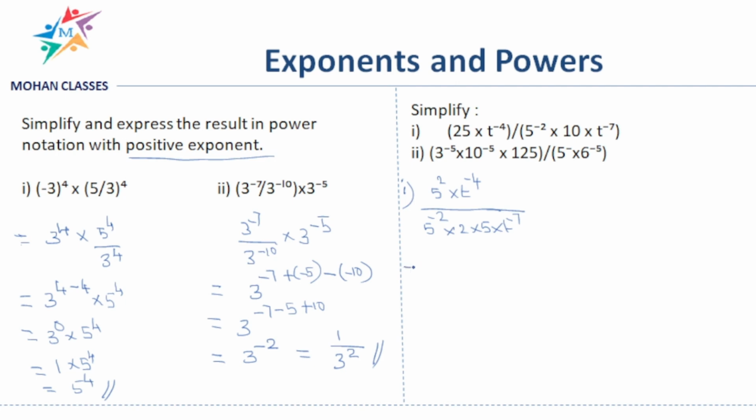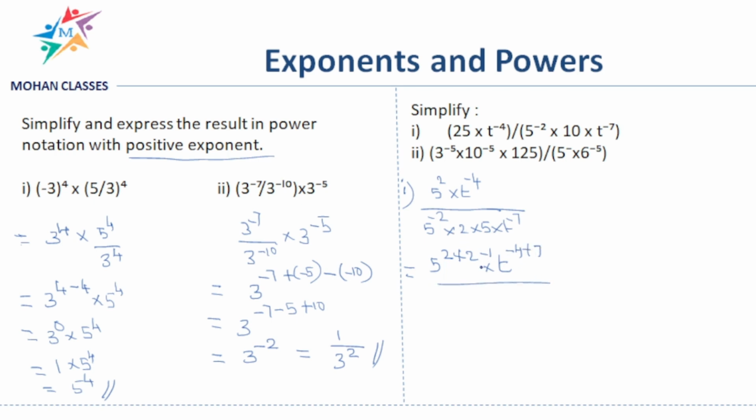Now we have to rearrange the powers of all the bases. 5 square, here we are having 5, right? This minus 2 will go as plus 2, and this plus 1 will go as minus 1. Then t to the power of minus 4, this minus 7 will go as plus 7.